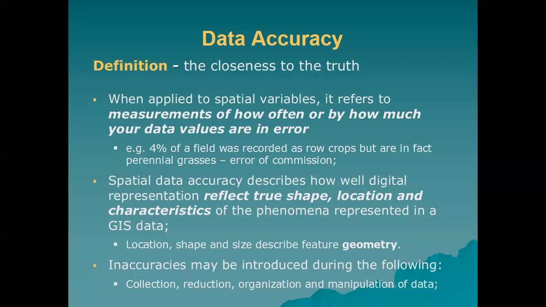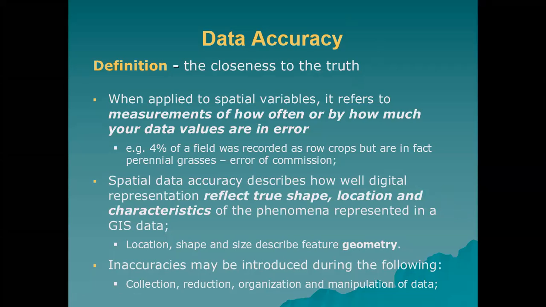Right. So we're continuing with lecture 3, and now we want to look a bit more at data accuracy. Okay. So how do we define accuracy? Accuracy is defined as closeness to the truth. So when applied to spatial or geographic information or variables, it refers to measurements of how often or by how much your data values are in error.